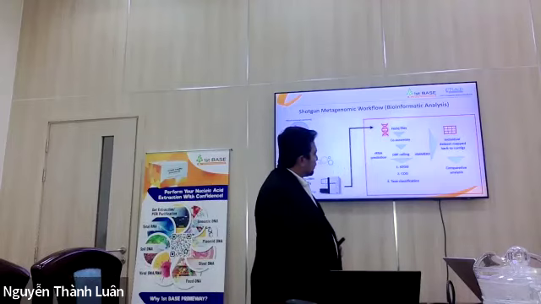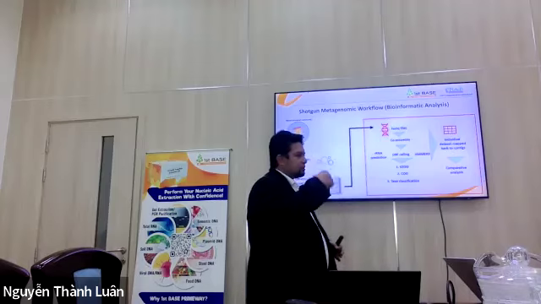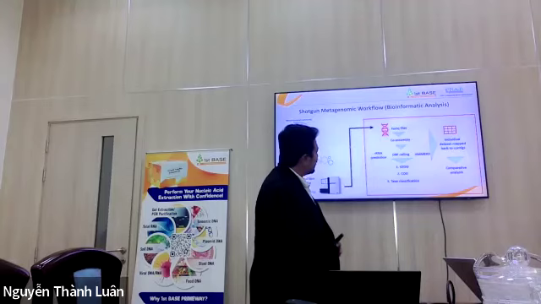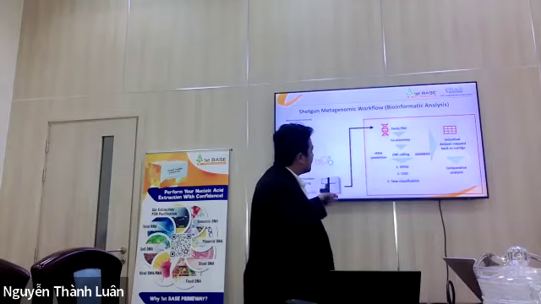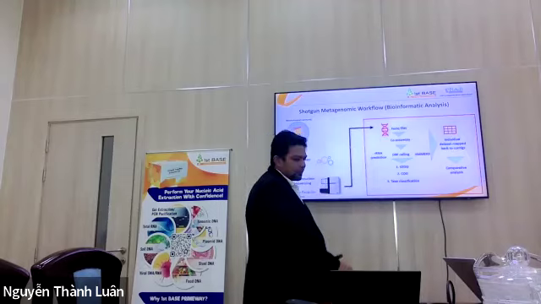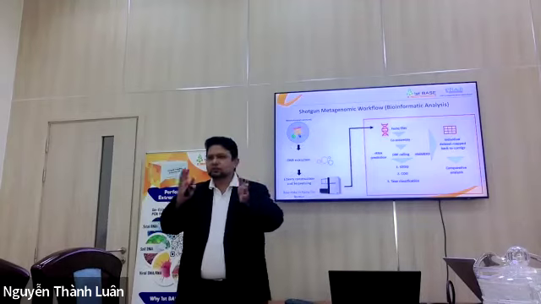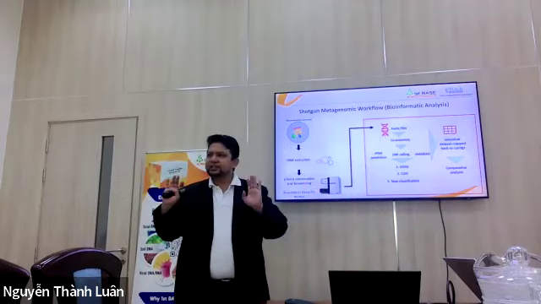We can do ORF calling, and we can annotate by matching to a database like NCBI. From there, you can find the enzymes, KEGG, and COG, clusters of orthologous genes. So we have this data table, and with all this information, we can go back to, let's say, the 10 samples and do a comparison analysis.